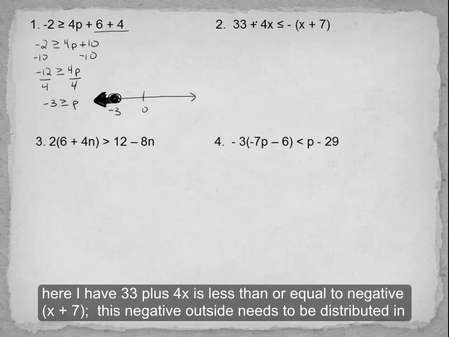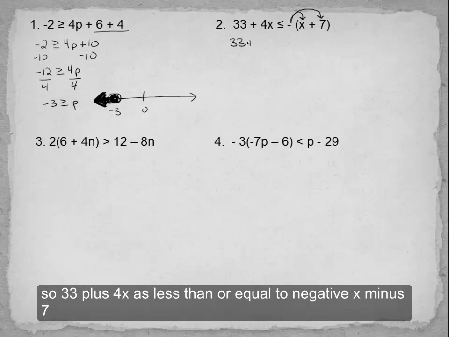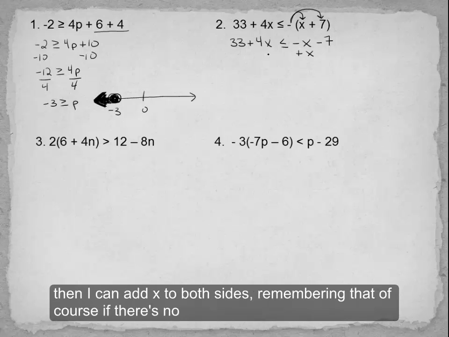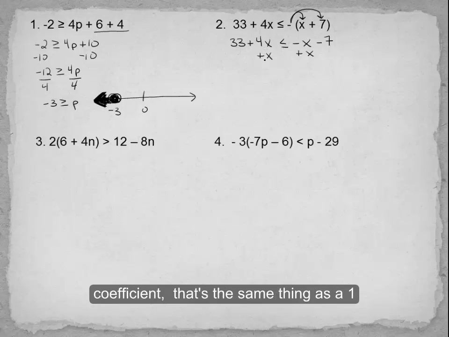Here I have 33 plus 4x is less than or equal to -(x + 7). This negative outside needs to be distributed in. So 33 plus 4x is less than or equal to -x minus 7. Then I can add x to both sides, remembering that, of course, if there's no coefficient, that's the same thing as a 1.